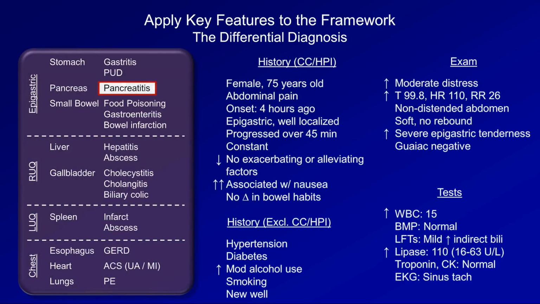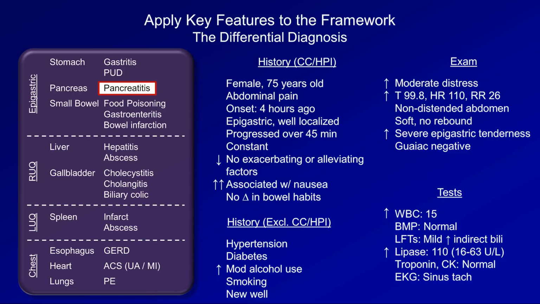In my opinion, the most likely diagnosis for this patient is acute pancreatitis. If we bring back the key features for this, we see that pancreatitis is associated with her heavy alcohol use. It explains her nausea, her distress, the vital signs, her tenderness on exam, leukocytosis, and is the best explanation for the elevated lipase.